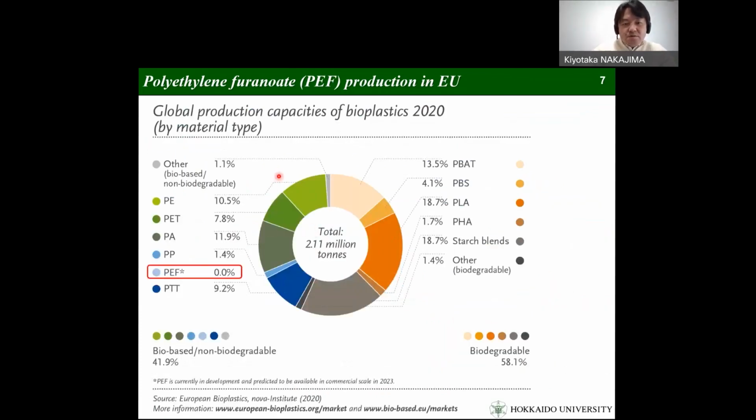As a result, the availability of PEF in the EU is still 0.0% as shown here, according to the Global Production Capacity of Bioplastic 2020, released from European Bioplastics. Although several important bio-based materials, for example PLA or bio-based PE or PP, are increasing in amount.